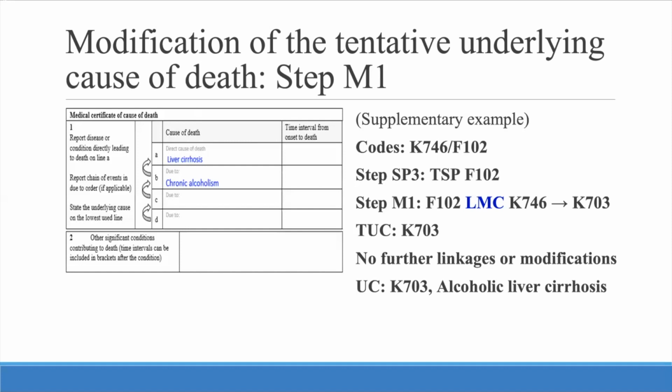That would, by an application of step M1, become our new tentative underlying cause. Checking for further linkages or modifications, we wouldn't find any, so we would select as the underlying cause of death for this record, K703, alcoholic liver cirrhosis. On the next slide, I'll show you the special instruction that caused this combination code.